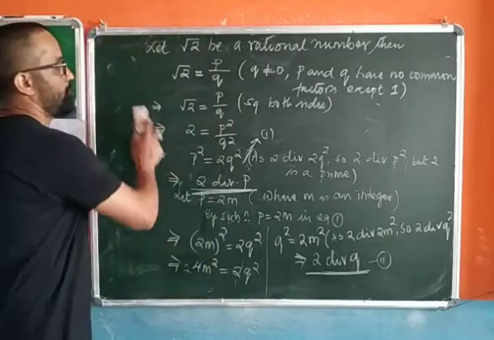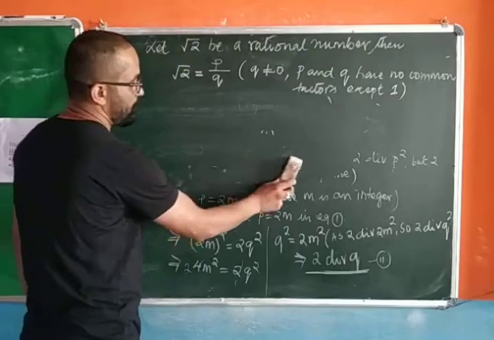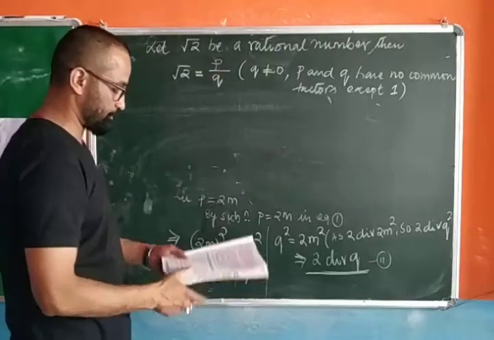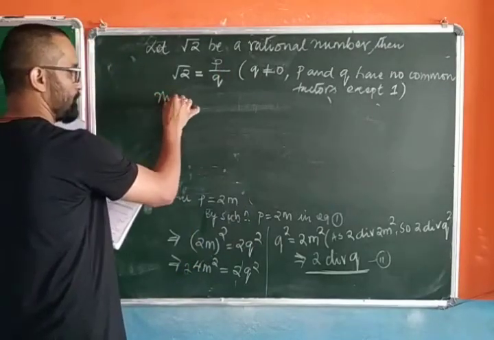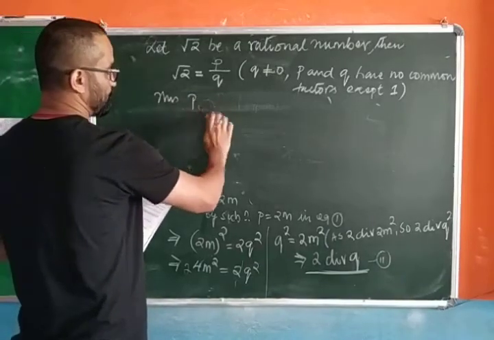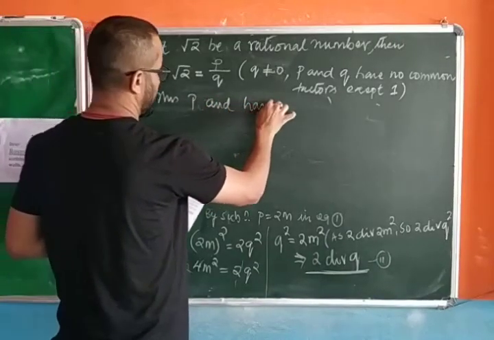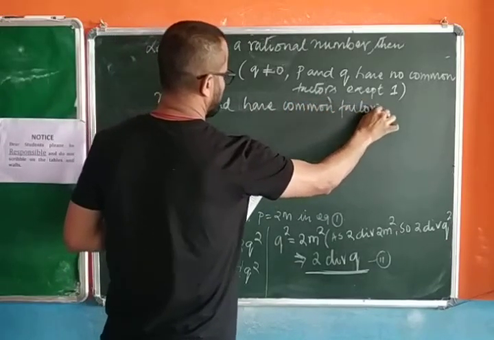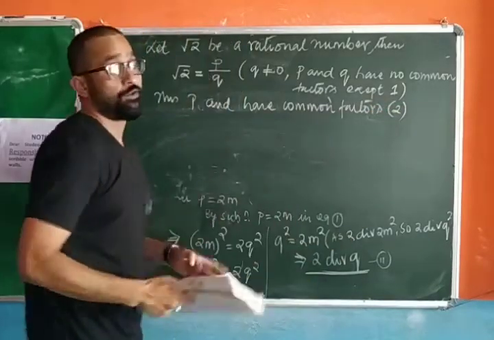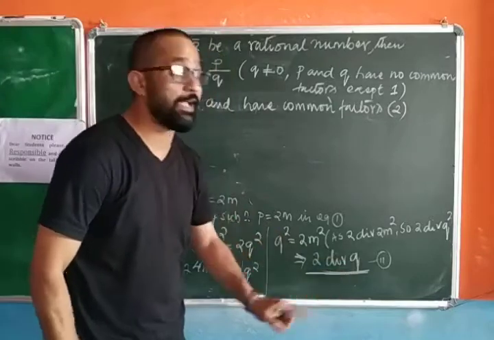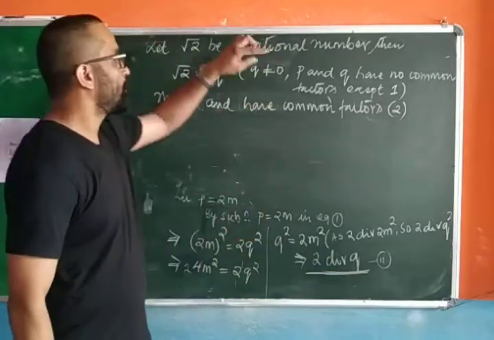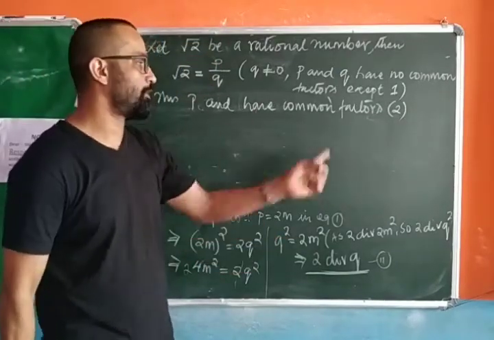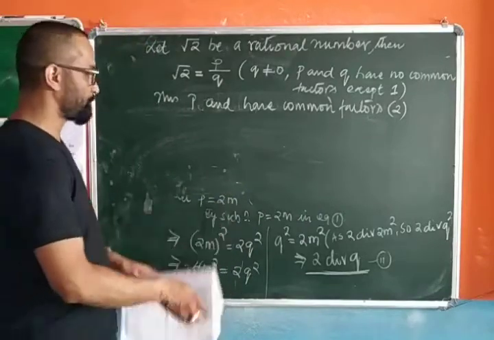This contradicts the assumption for rational numbers. Thus p and q have a common factor, that is 2, because 2 divides p and 2 can divide q. As both p and q are divided by a single number, it means they have a common factor, and that common factor is 2.